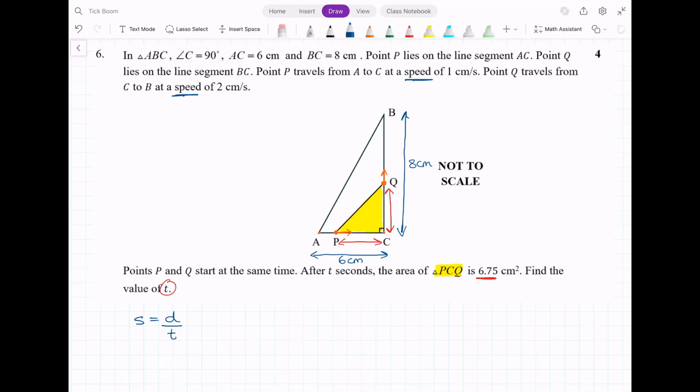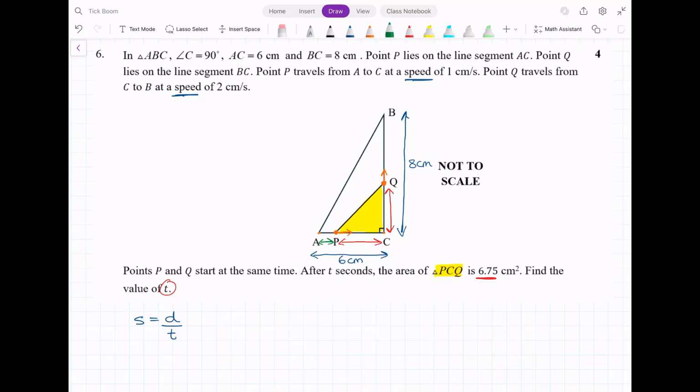If I want to know the length of the side PC in the triangle, I can find the length of AP, this part here, and then PC will simply be 6 minus whatever AP is.